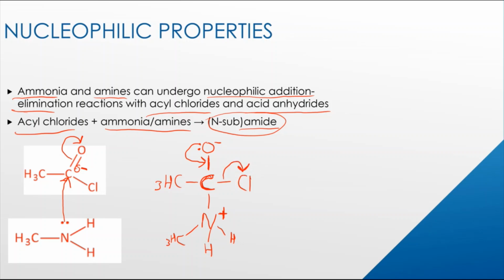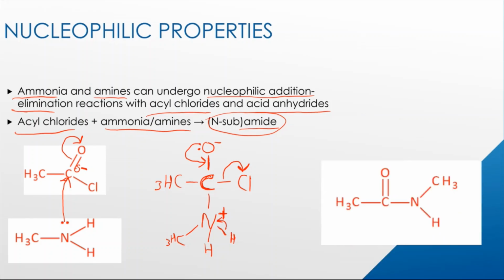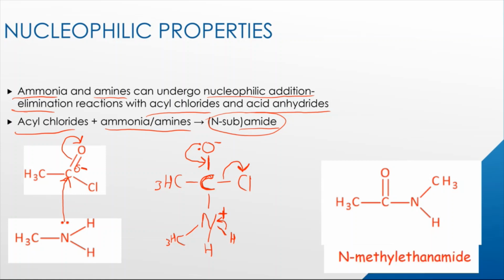So we would get rid of that chlorine, and also the nitrogen wants to be neutral. So what can now happen is I can kick off one of the hydrogens like this, and we have now formed our N-substituted amide, which in this case is N-methyl ethanamide.